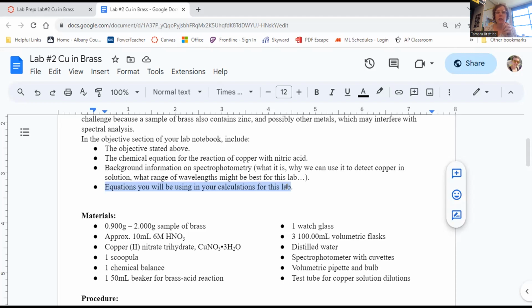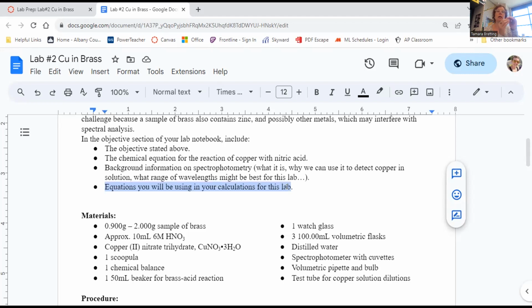You're also going to be doing some dilutions. So as you're dissolving your brass sample, you're going to take powdered crystalline copper nitrate, and you're going to make solutions. Remember, like we did in class as a group with the food coloring, you're going to create a stock solution for yourself where its absorbance is somewhere around 1, maybe 1.2, somewhere in there, okay?